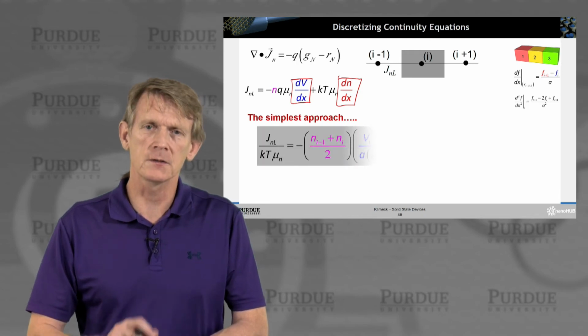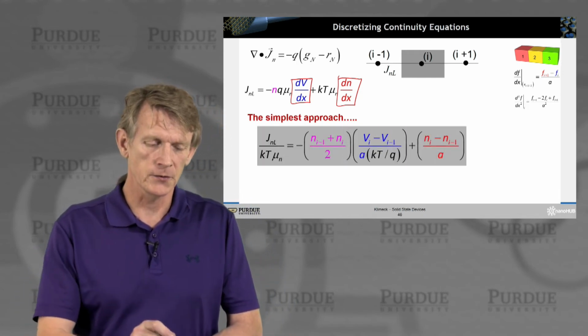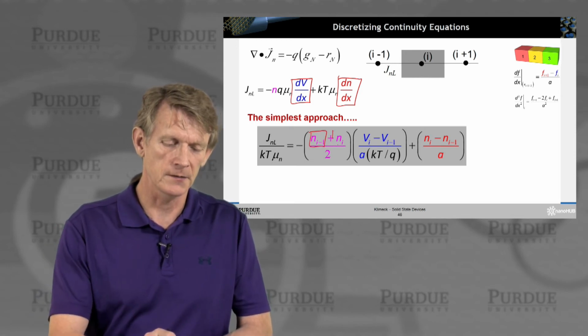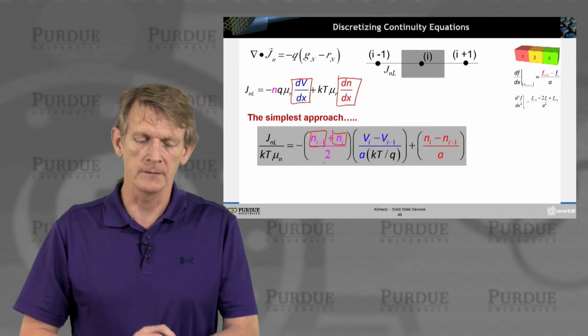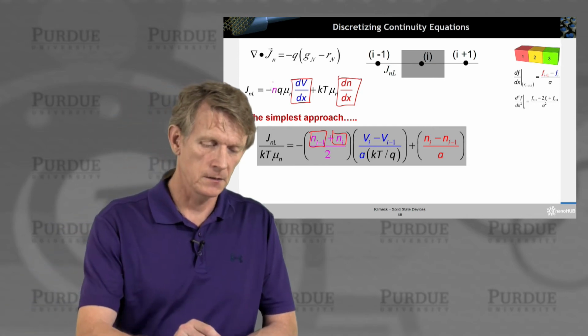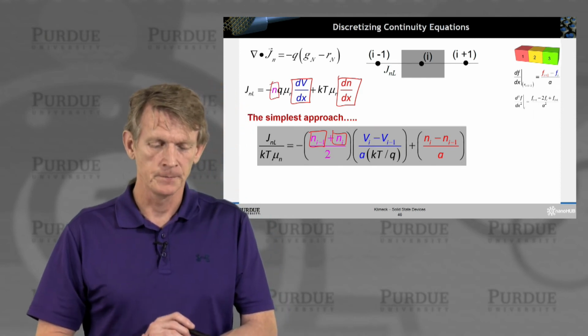Okay, so in the simplest approach, you literally just discretize the first order differential, and as indicated here, Ni minus 1 plus Ni, the neighbors, divided by the potential difference as well. So here is the N that you need to discretize, and then the differential of the potential.